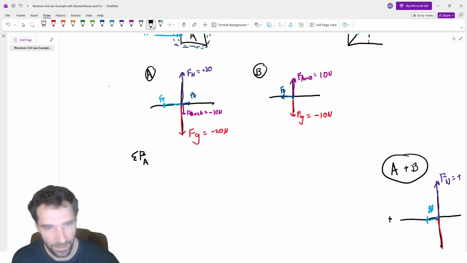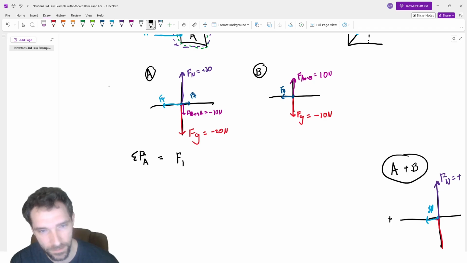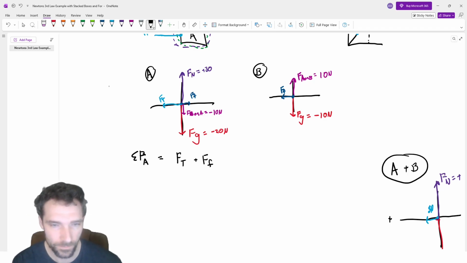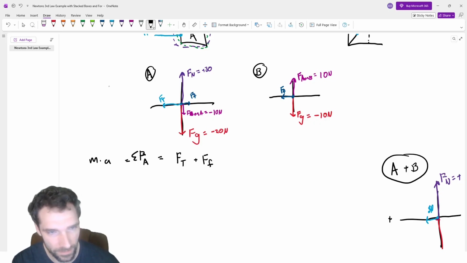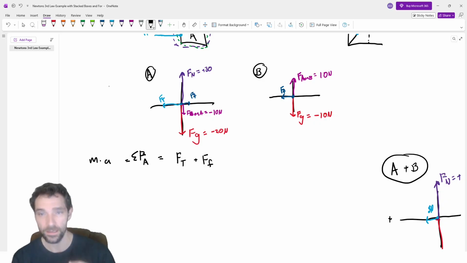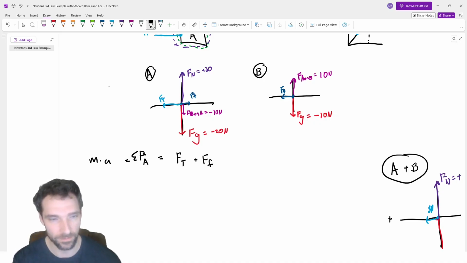So if we look at the sum of forces on object A here, it's got that force tension and that force friction, which is going to be related to its mass times the acceleration that we're experiencing. Because this is all moving as one system, the acceleration of object A is the same as the whole system.